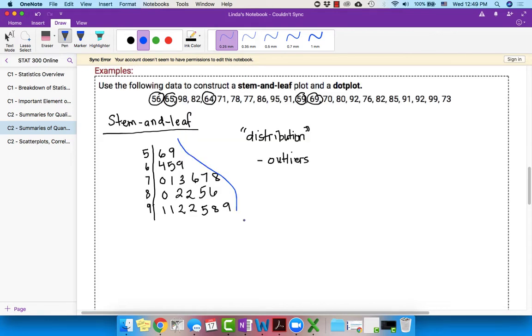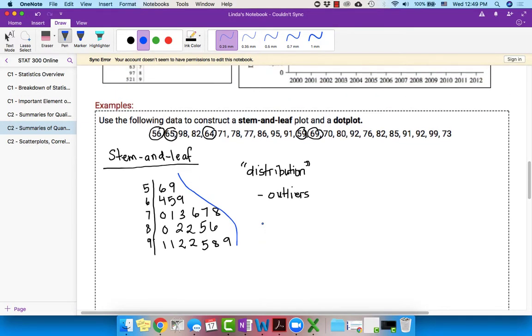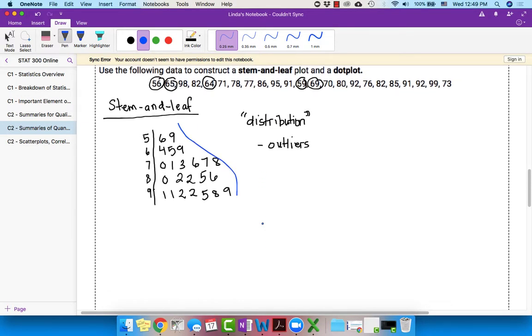The next example we're going to do is the dot plot. For a dot plot, draw the horizontal line and make the marks. Since we already know that the numbers go from 50 all the way to 99, which is about 100, what you're going to do is start with 50 and evenly make the marks for the rest of the 10s.